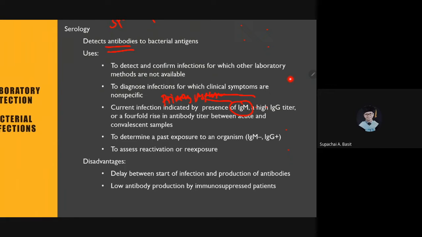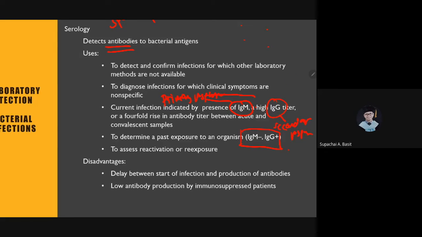Or if there is a high IgG titer or a four-fold rise in the antibody titer between acute and convalescent samples, it means that the person is about to recover or is recovering already because of the high IgG titer. Why? IgG is a secondary response. So this will determine past exposure to an organism. For example, if a person is negative for IgM but positive for IgG, it means that the person has been infected in the past already.